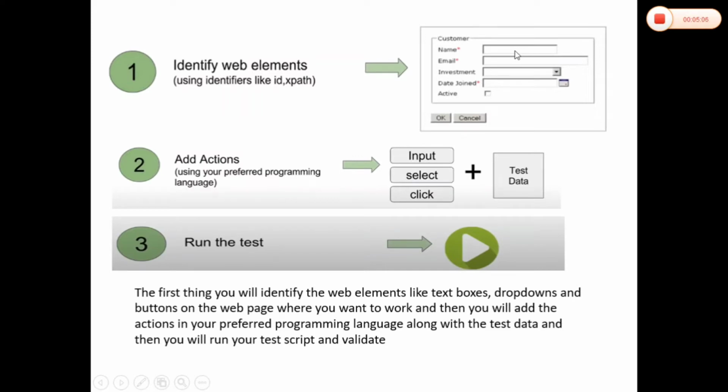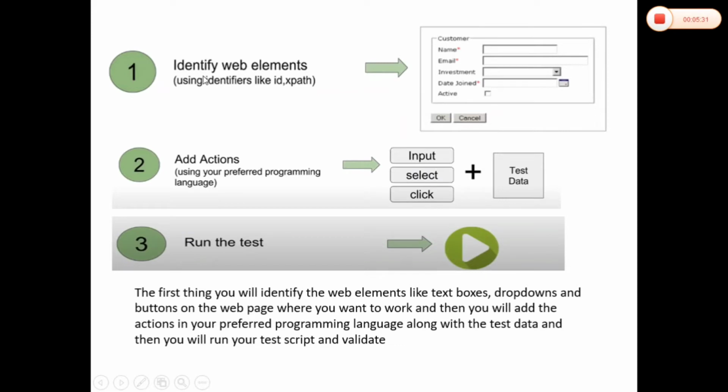First of all, you need to identify where this text box is available on the web page. Once you identify it, then you need to perform an action on it. You want to perform an input action, which means you have to enter a name inside that text box.